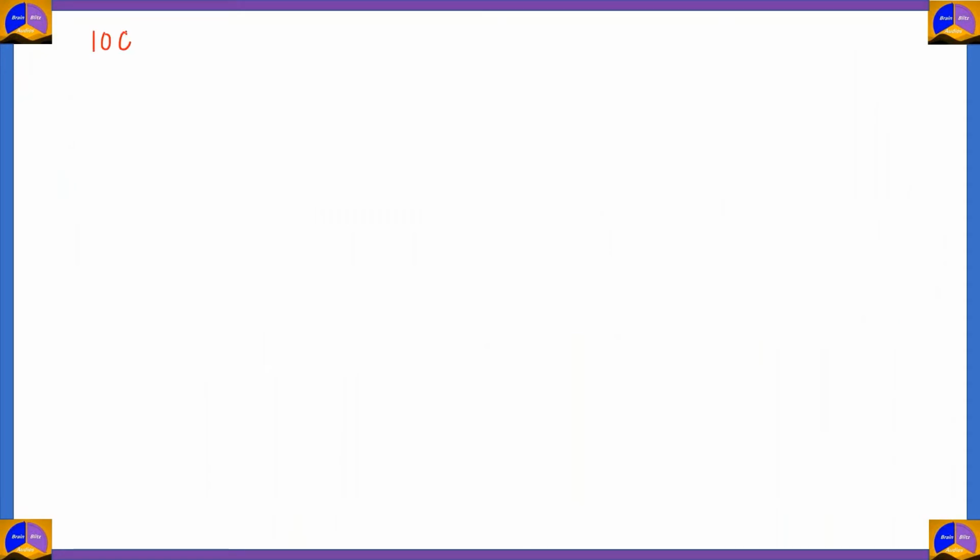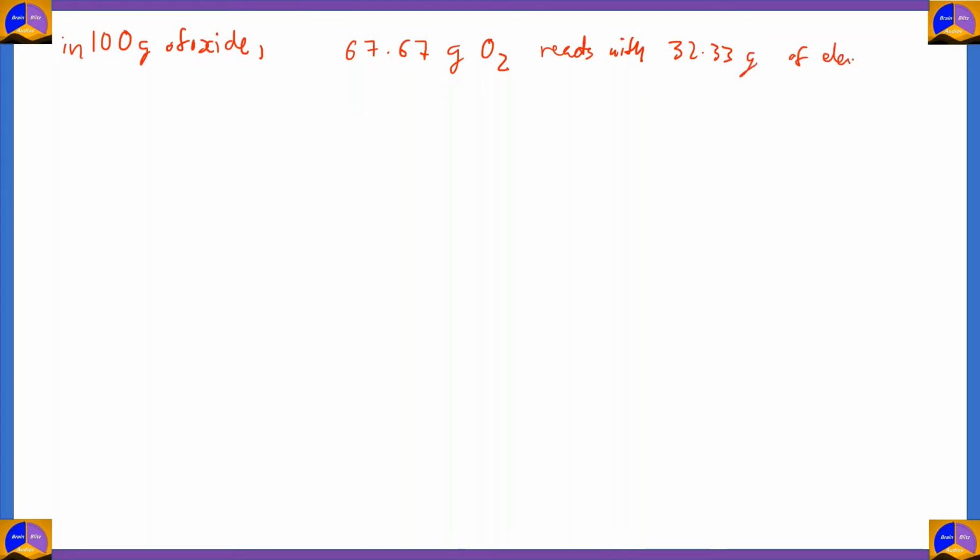So that says in 100 grams of oxide, 67.67 grams of O2 reacts with 32.33 grams of the element.